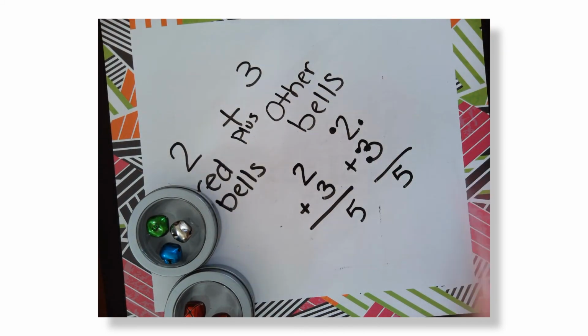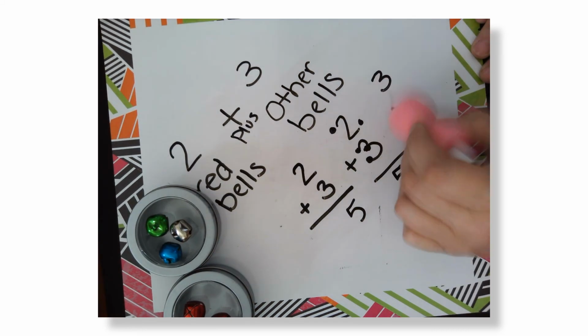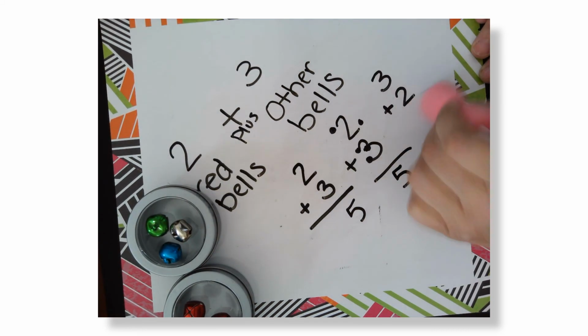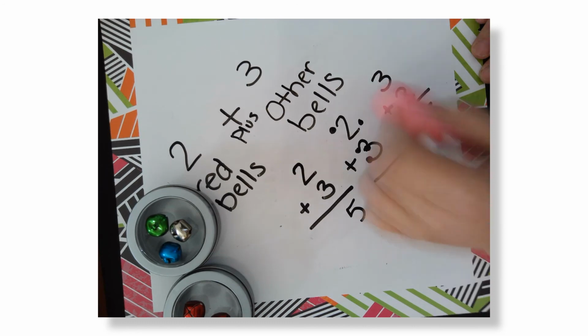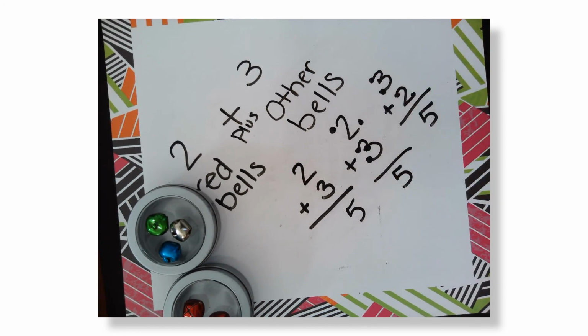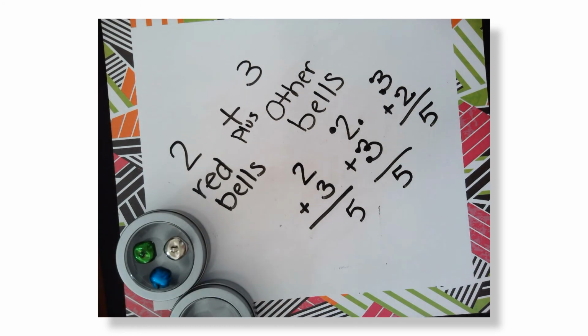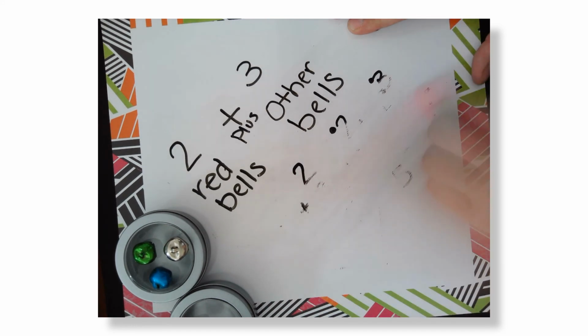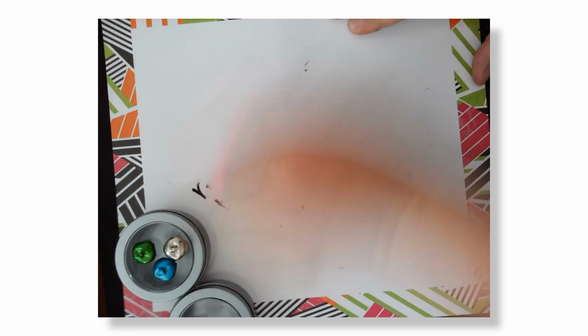Then I might show them that 3 plus 2 equals 5, right? And still do the dots. What I love about using different color manipulatives in math, especially since we're trying to show that math has all different ways that we can add things, I might even do something like this with them.